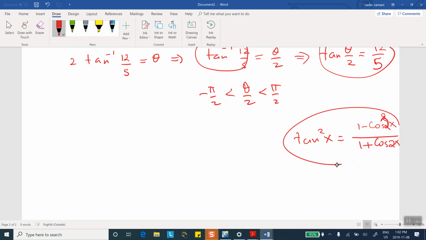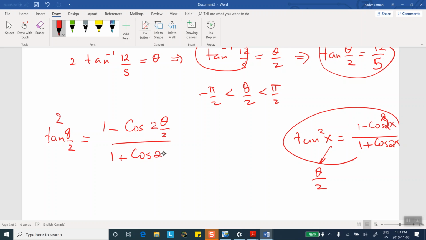Okay, so we want this. And how are we going to use that? If I replace x with theta over 2, we say tangent squared of theta over 2 equal to 1 minus cosine of 2 times theta over 2 divided by 1 plus cosine of 2 times theta over 2. Clean it up.